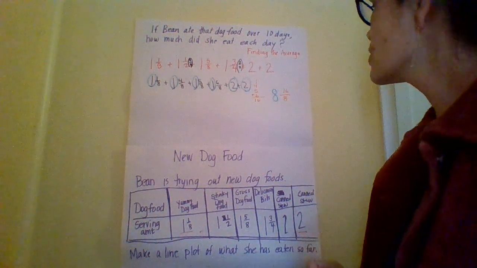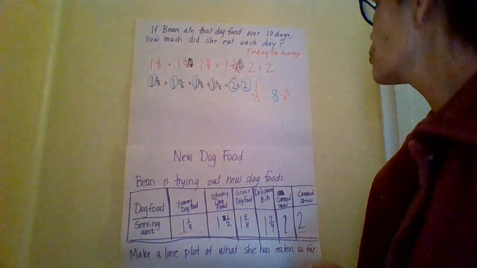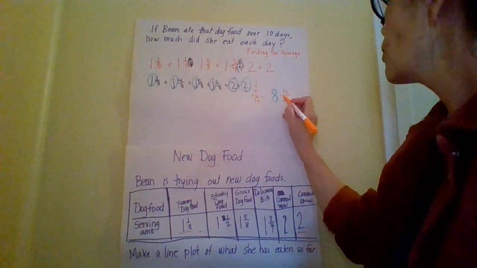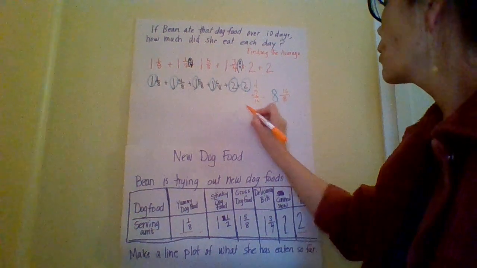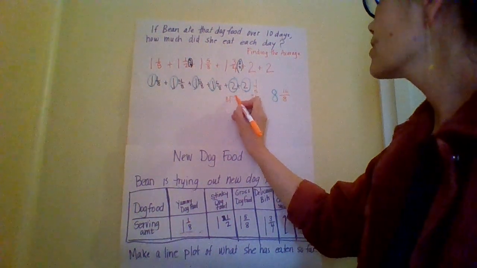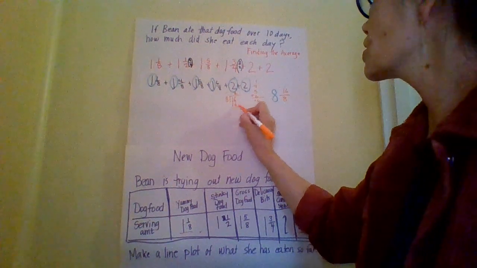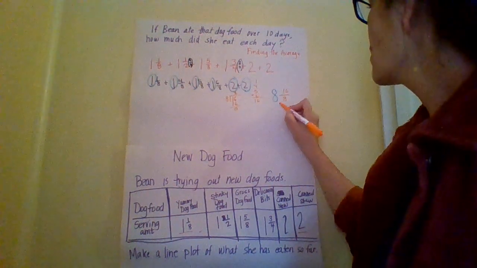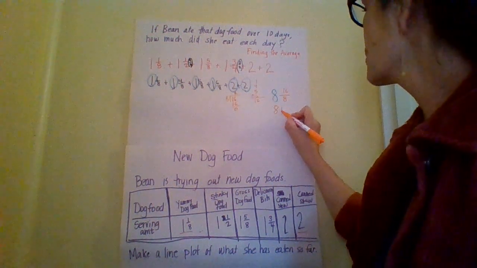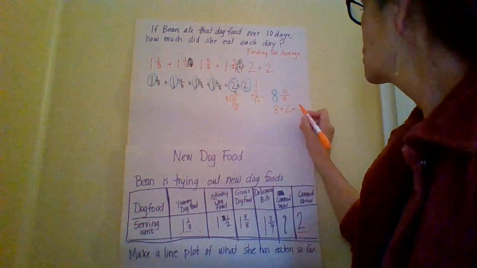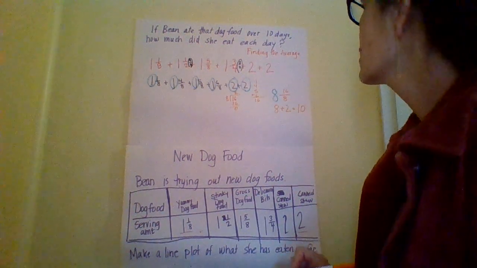And then my answer is not finished because I have an improper fraction. So I have to say how many eighths are in 16. And the answer is 2. So that means this problem is really 8 plus 2, or 10.